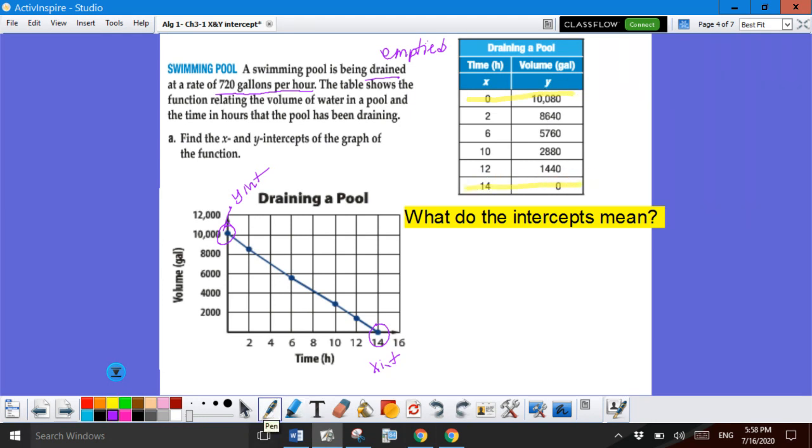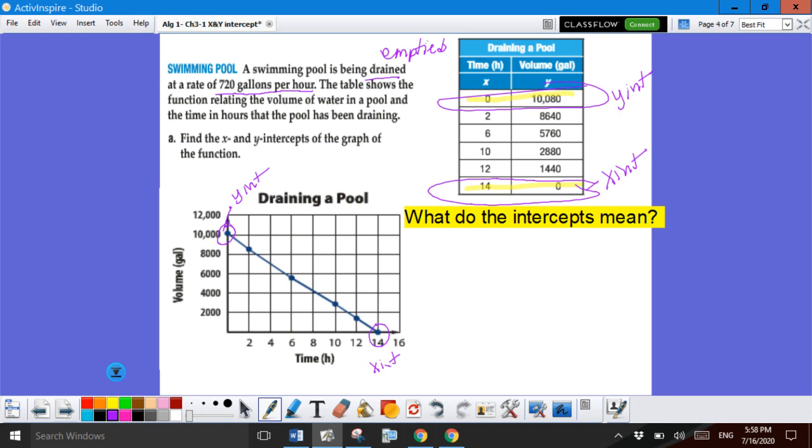And what we notice is that we're looking for the zeros. So here's my y-intercept, here's my x-intercept. Anytime I see a 0 in either x or y, that is going to be an intercept, which is an important value for us.